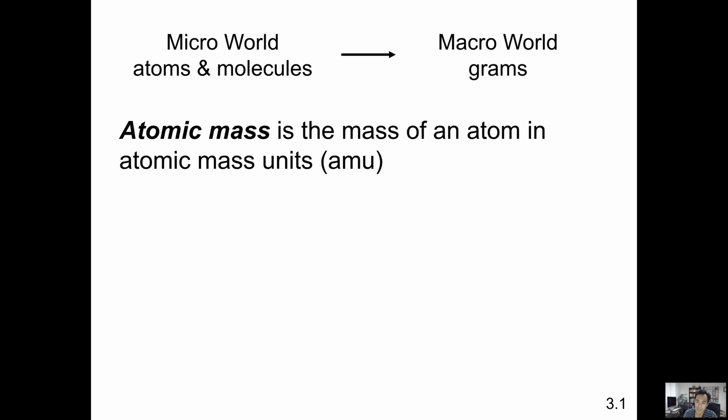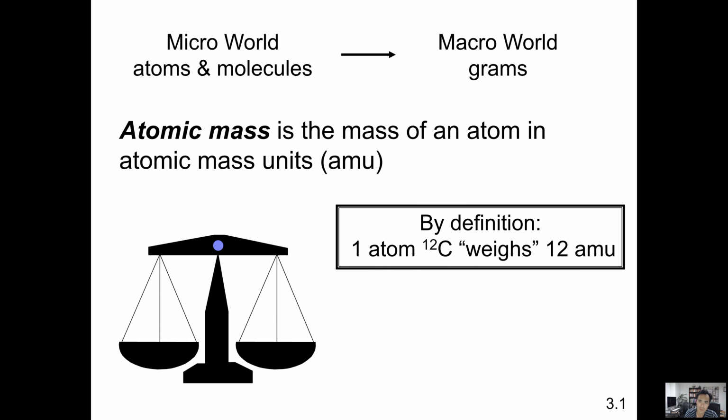The atomic mass is a great example of something that we could use to identify atoms. So for example, if I want to know what element I have, such as carbon, I would have to use the atomic mass, also called the atomic mass units, or AMU. Generally speaking, by definition, one carbon-12 atom weighs 12 AMU.